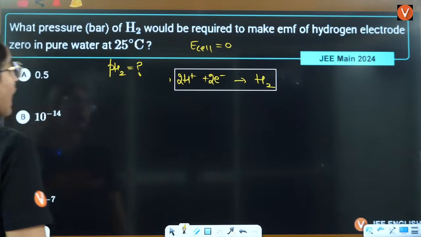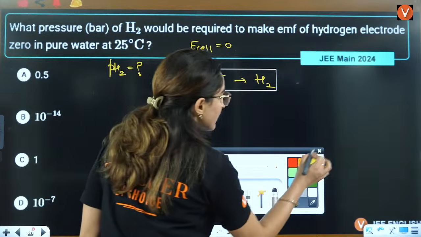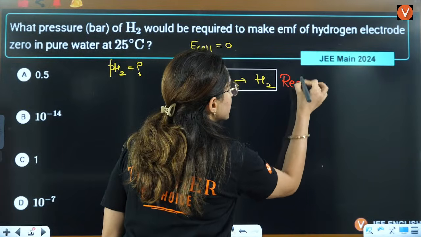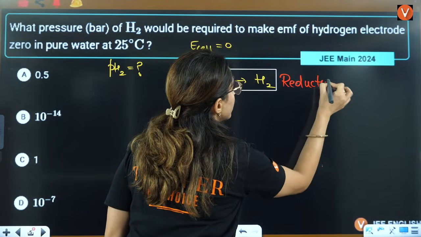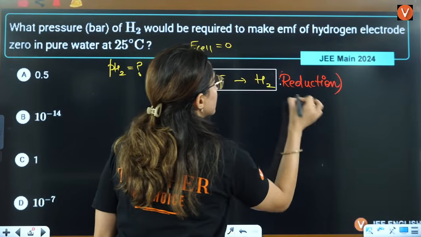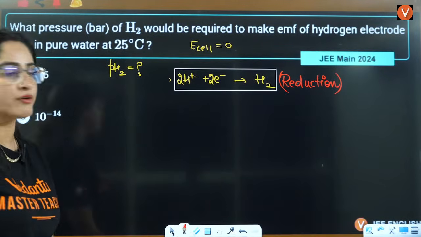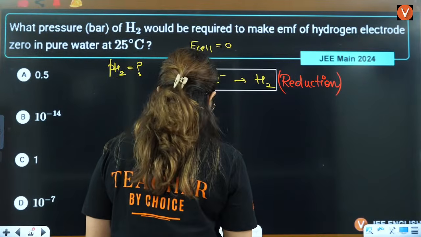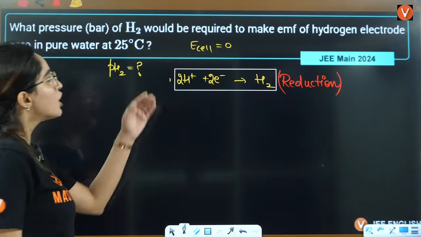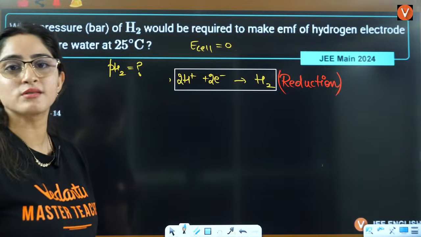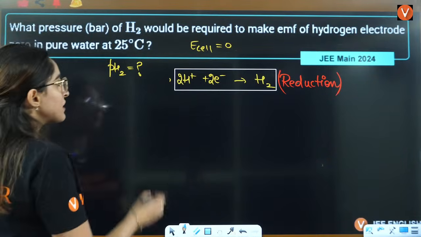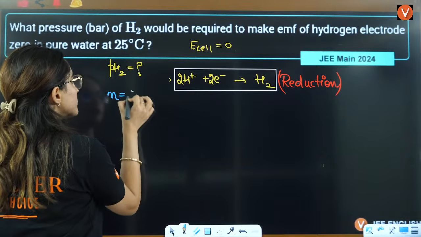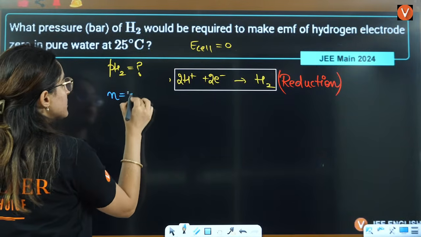Now in this case we are saying that this is about reduction. If 2H positive plus 2 electrons give rise to H2, then the number of electrons is 2 here, right?